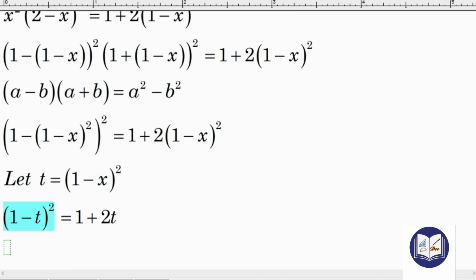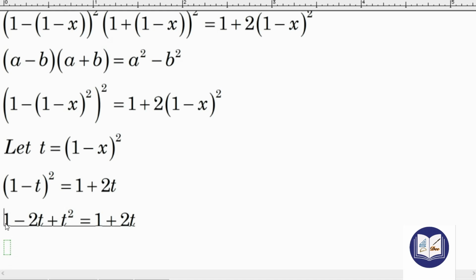Let's expand this. We get 1 minus 2t plus t squared equals 1 plus 2t. The 1 here and 1 here cancel out. So we have t squared minus 2t, and when we move plus 2t to the left hand side of the equation we get minus 2t as well.